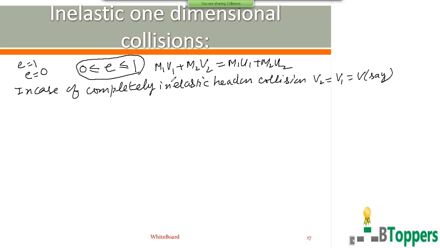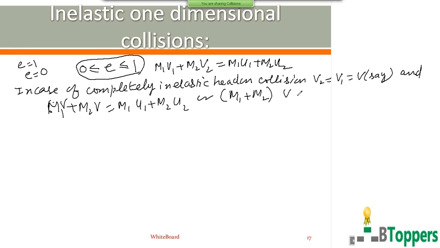Substituting v2 equal to v and v1 equal to v here, you can write m1 v plus m2 v equal to m1 u1 plus m2 u2, or (m1 plus m2) times v equal to m1 u1 plus m2 u2.